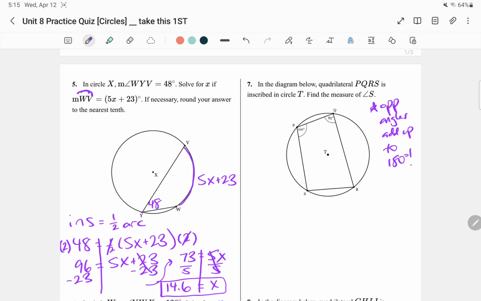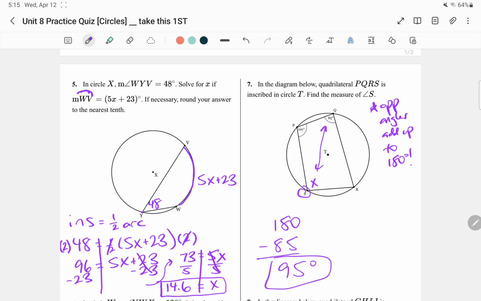So that means if I'm trying to find the measure of S right here, I'm going to just subtract 180 minus 85, right? So x plus 85 gives me 180. So I'm just going to subtract that. So 180 minus 85 gives me 95 degrees. Opposite, meaning they're across from each other.